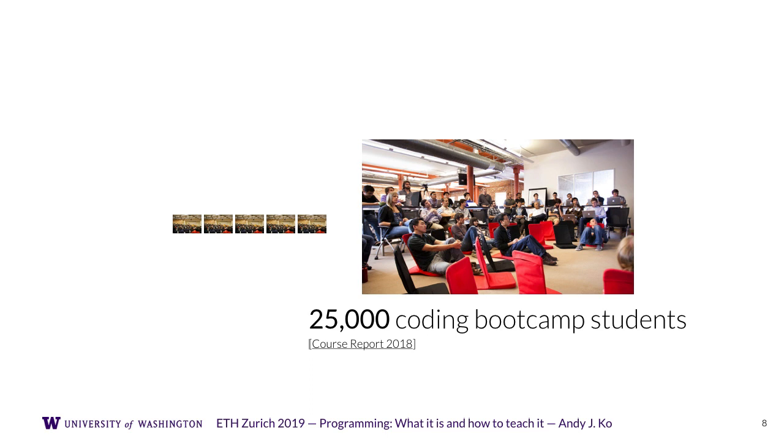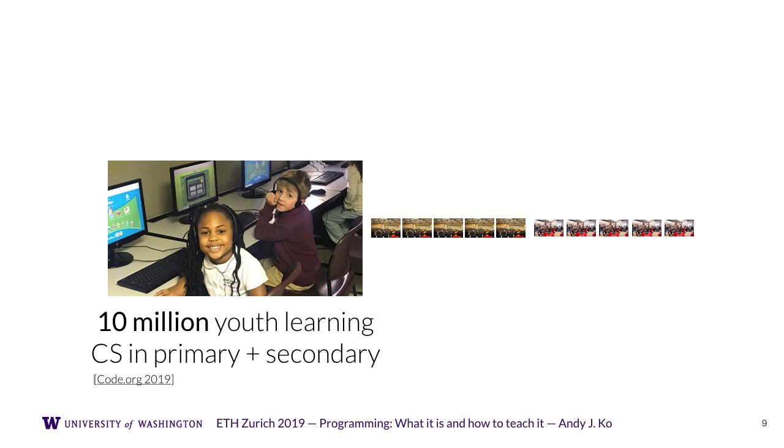With global efforts to bring CS to everybody, especially through primary and secondary education, we already have on the order of 10 million youth around the world who are learning a little bit about computing. And if this is successful, it'll soon be something approaching a billion students if we reach all of public education across the globe.